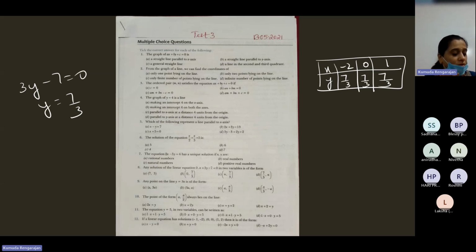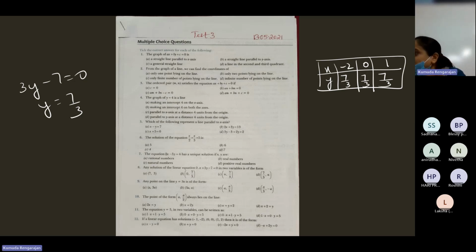That means it should be only B or C. In B, it is 0, 7 by 3, only the point 0, 7 by 3. In C, it is N, 7 by 3. N means any value. They're using a variable because a variable can take any value. Don't get confused about where N came from suddenly.